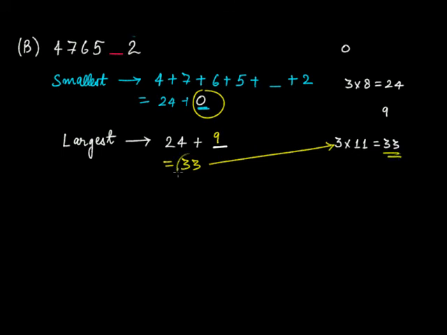Therefore, if I put 9 here, this number will be divisible by 3. So the largest digit will be 9. The smallest one was 0, and the largest digit will be 9.